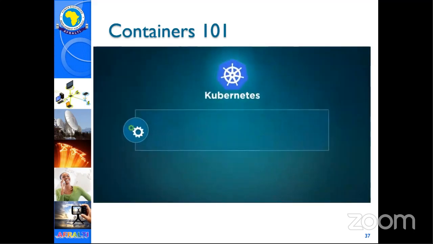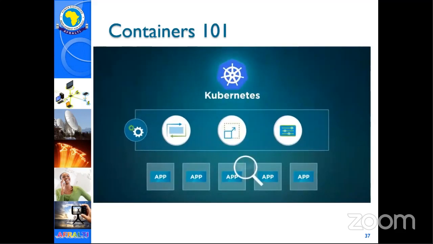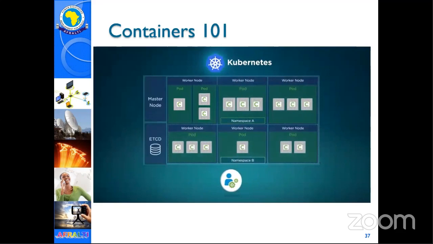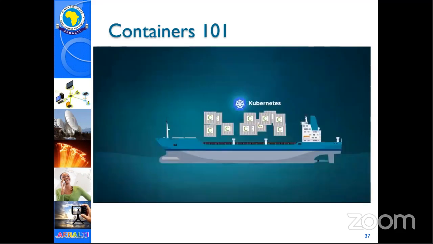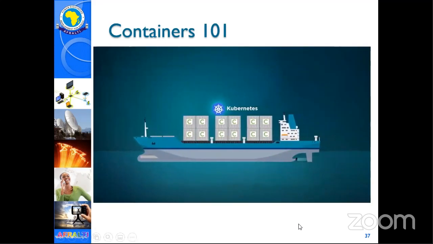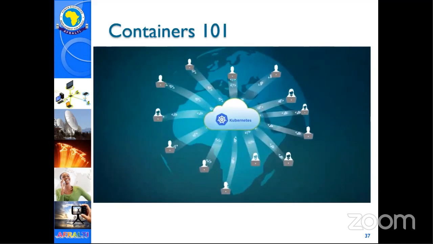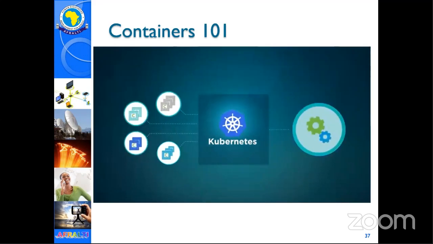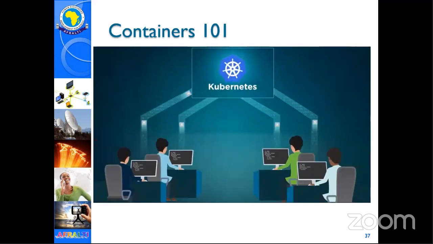Kubernetes is an open-source system for automating deployment, scaling, and management of containerized applications. It groups containers that make up an application into logical units called pods, nodes, and namespaces for easy management and discovery. Kubernetes builds upon over a decade of experience running production workloads at Google and has a large and active community contributing to it. It brings scalability, flexibility, and portability to applications and has become the leading orchestrator for running containers and building modern apps.